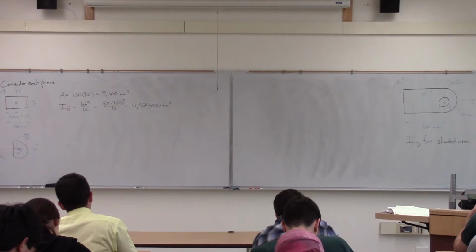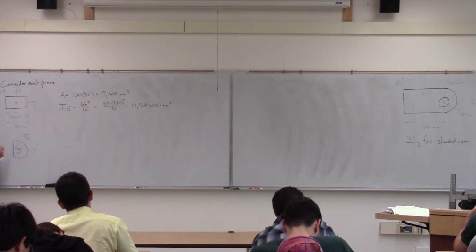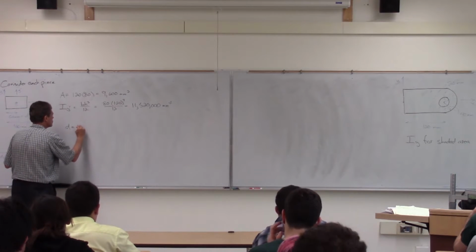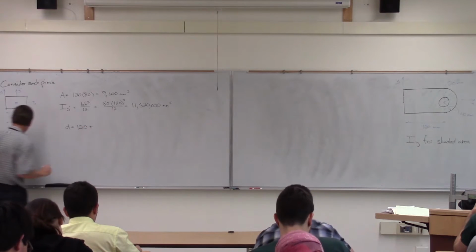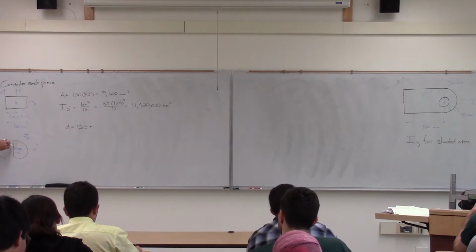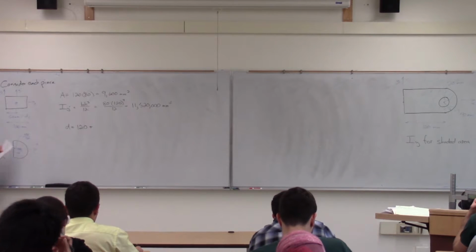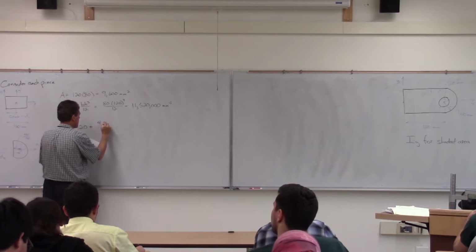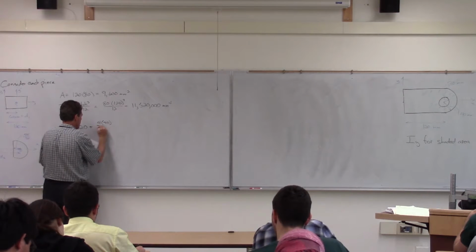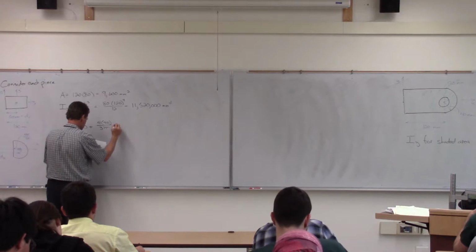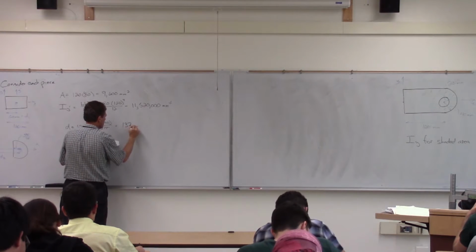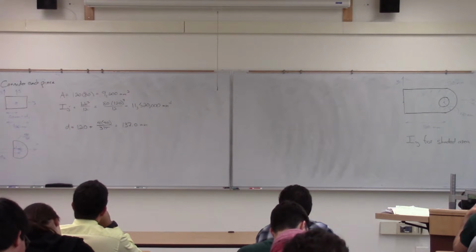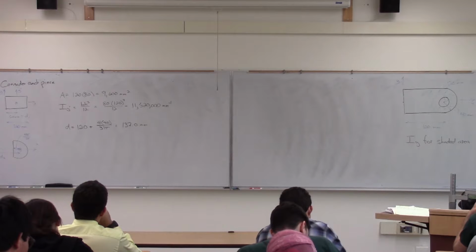My second D is going to be composed of this length here, and that's one of the terms we'll get out of the way. D is equal to that 120, which is the whole length of that rectangular section, plus the 4r over 3 pi.